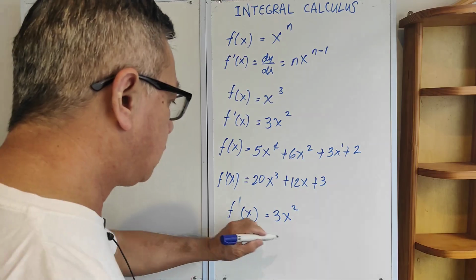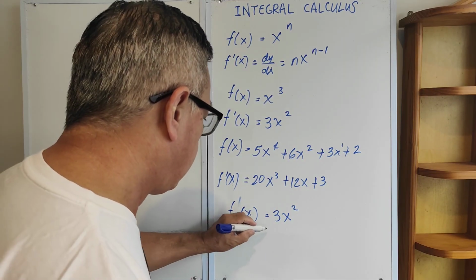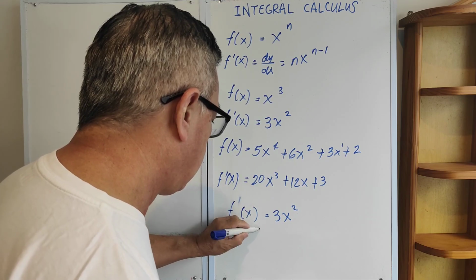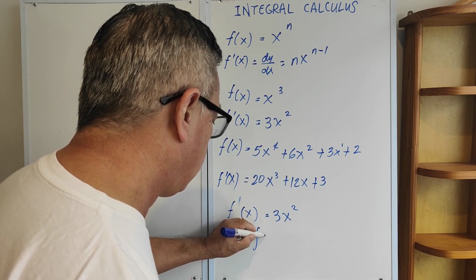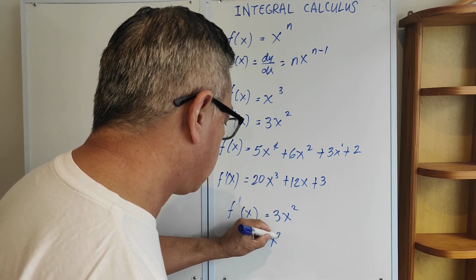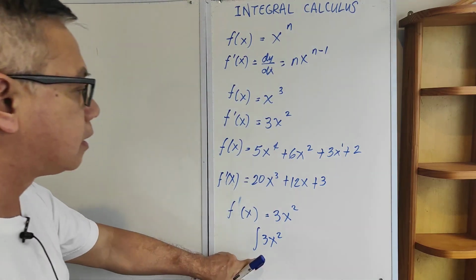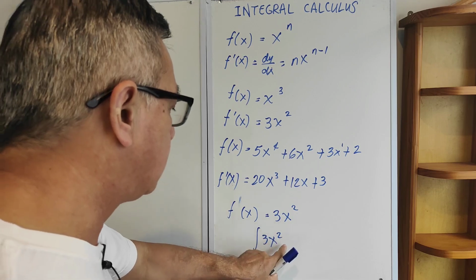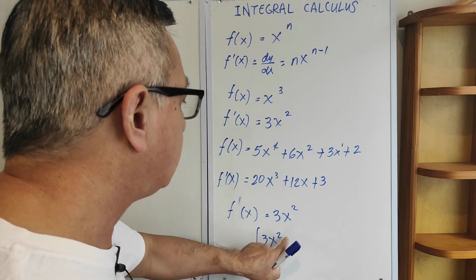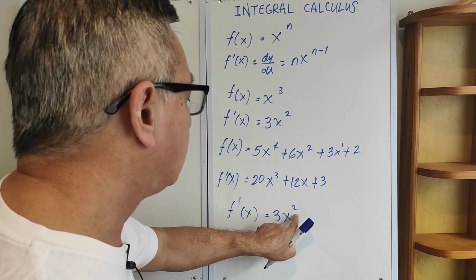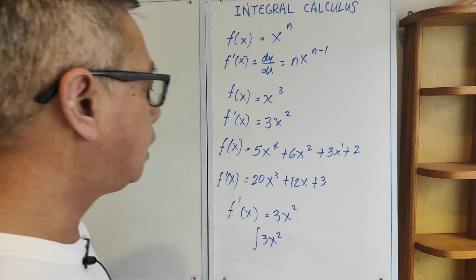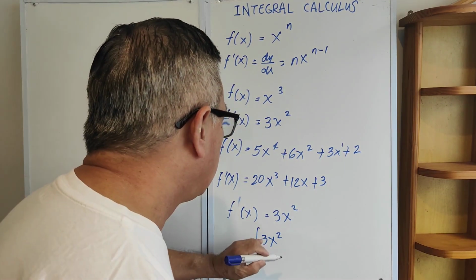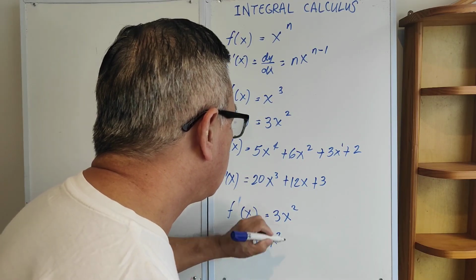So let's get the integral of f of x. The integral of 3x squared. So how can it become x cubed? What happens is, you add 1 to the exponent, and the new exponent goes underneath, it becomes the denominator.